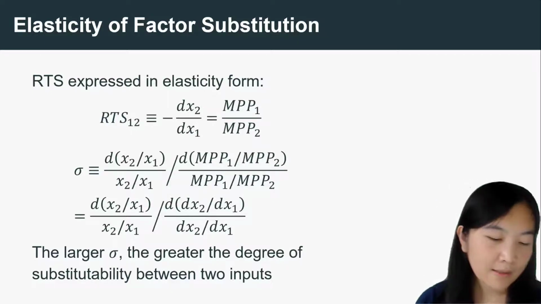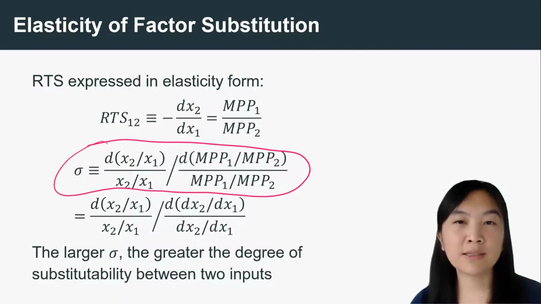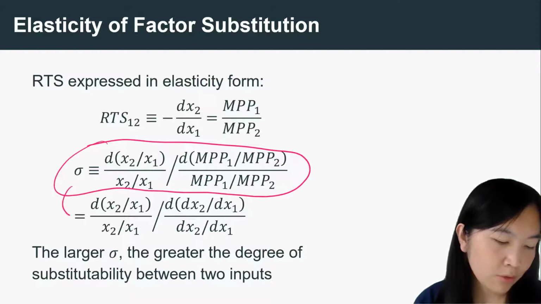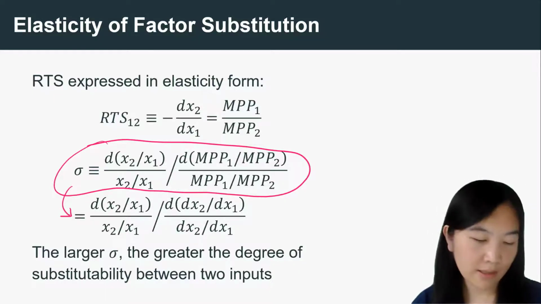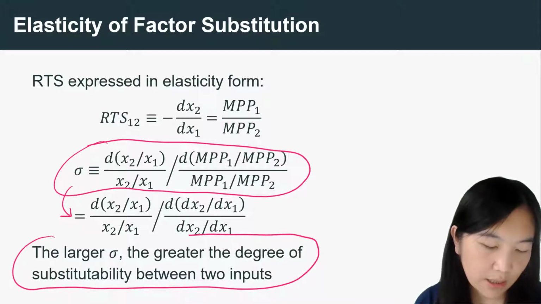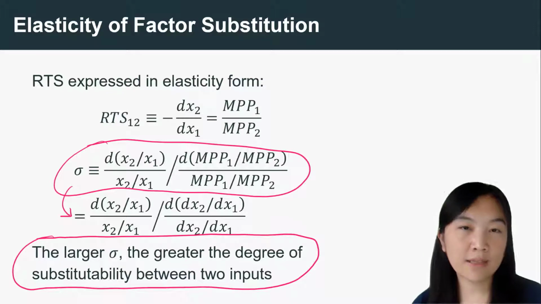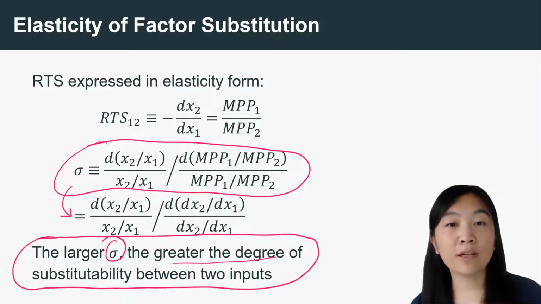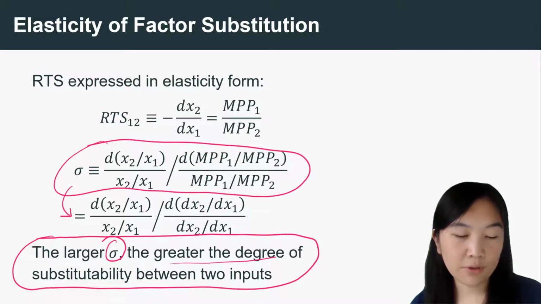But this has ended up being the one that's used most often. But I do not want to go into the math here, and I don't think that's a focus of this course. What we should understand is that the larger the elasticity, the greater the degree of substitution between those two inputs.